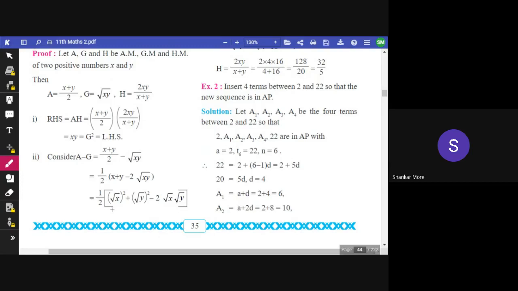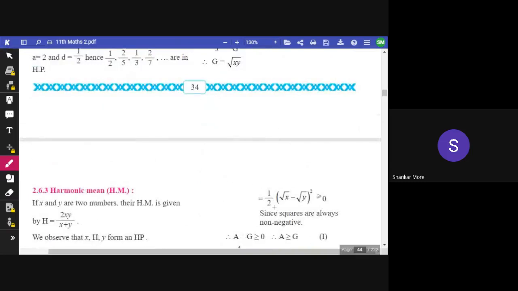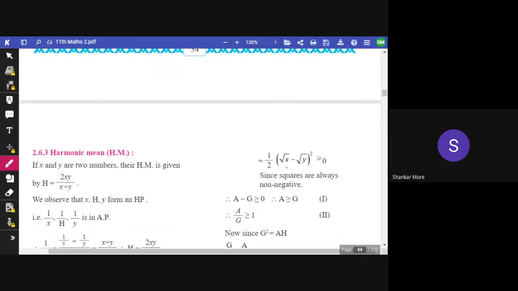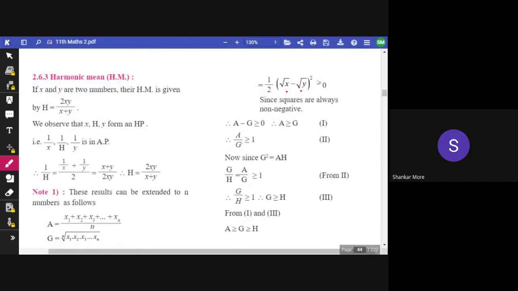So we can use the formula a square minus 2ab plus b square here, and we get 1 by 2 in brackets a minus b whole square, and it is always greater than or equal to 0. Why? Since squares are always non-negative. So A minus G is greater than or equal to 0, and G goes to the other side, so A is greater than or equal to G.